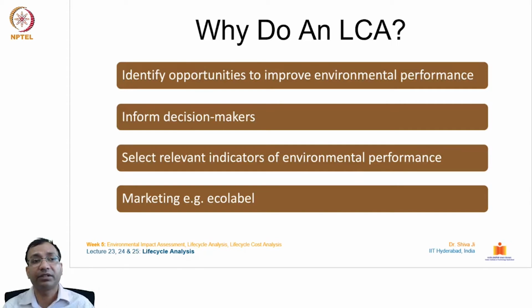Next, it helps in selecting relevant indicators of environmental performance. And lastly, it even helps in devising certain types of marketing strategies. For example, an eco label is given here. An eco label is a marketing strategy which advertises the responsible products which have been properly taken care of through EIA and LCA sorts of analysis, and which are the result of such studies, and they are labeled as eco label products.